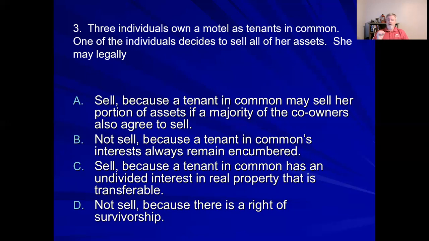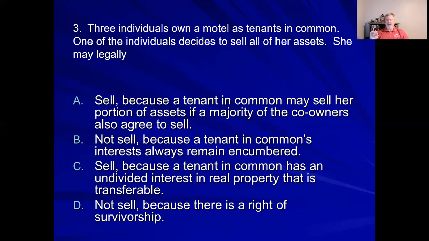So let me just give you a couple bullet points about each one of them, because you've got to keep them straight. Obviously, tenancy in common or joint tenancy implies multiple owners, at least two or more owners. Because if you only had one owner, then you're talking about tenancy in severalty, right? Severalty means one.